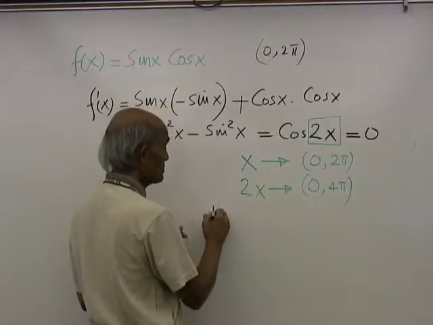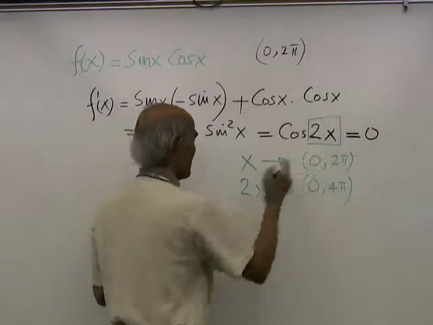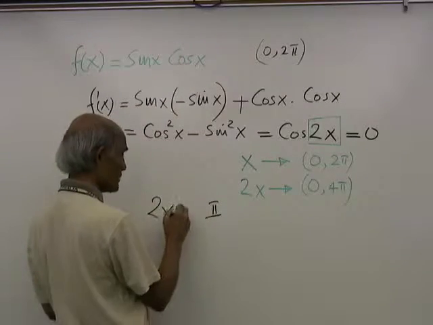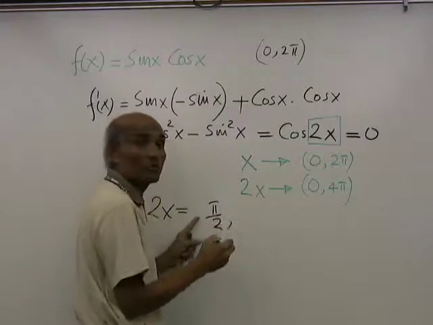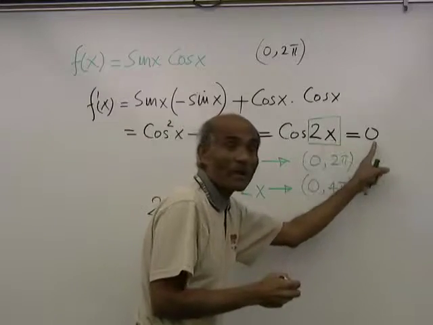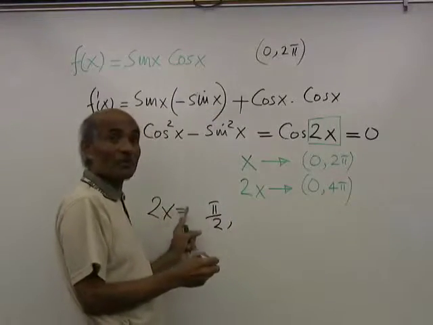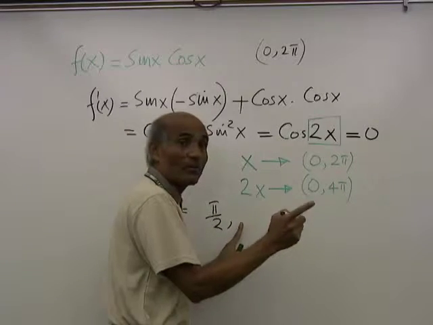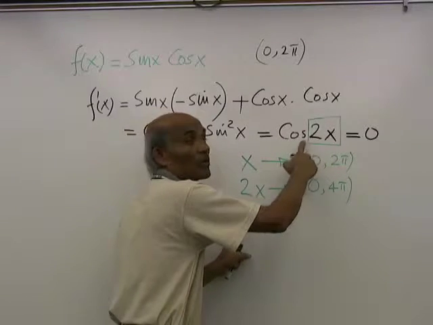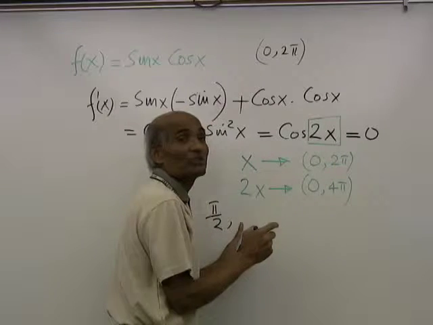The first value of 2x, so I'm going to say 2x equal to, when 2x equal to pi by 2, cos of pi by 2 will be 0. So one value of 2x is pi by 2. What is the other value? The next one where you get cos value is 0.